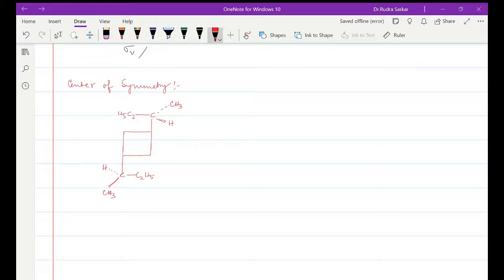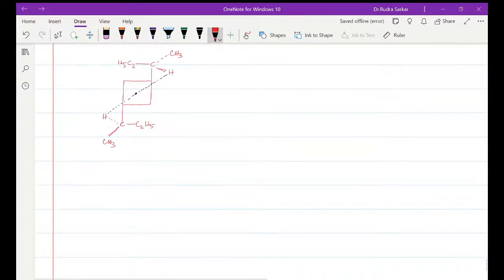Now, a center of symmetry is basically a point such that if a line is drawn from any element to this point and then extended an equal distance beyond this point, another identical element will be found at the end of this line. So this is what we will call the center of symmetry.